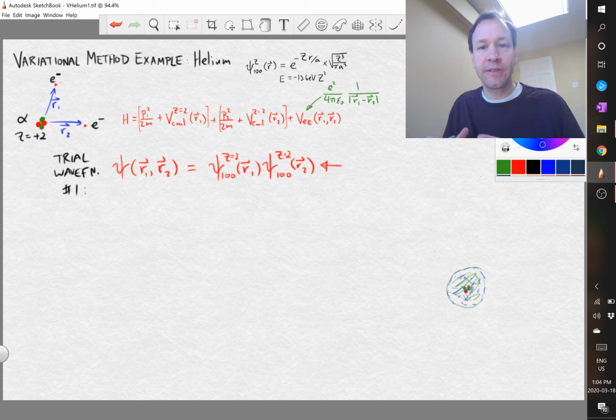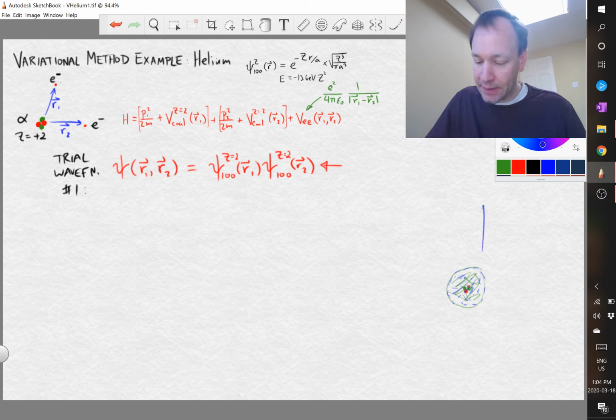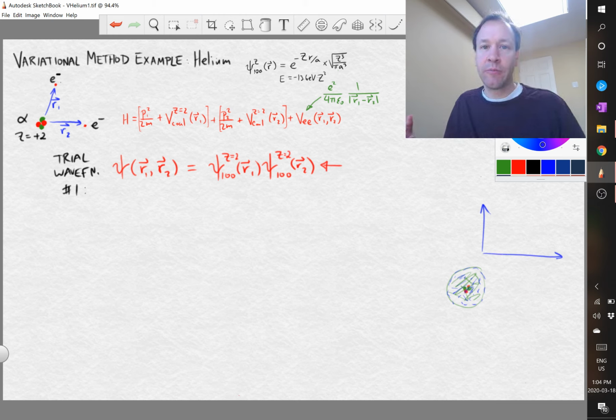Let's suppose that the first electron is already in this trial wave function, and imagine we bring in the second electron. How much charge does that electron see from the remaining helium nucleus and first electron?